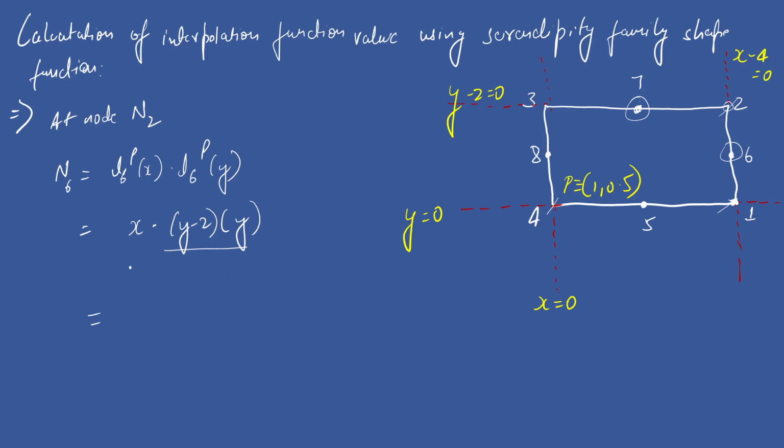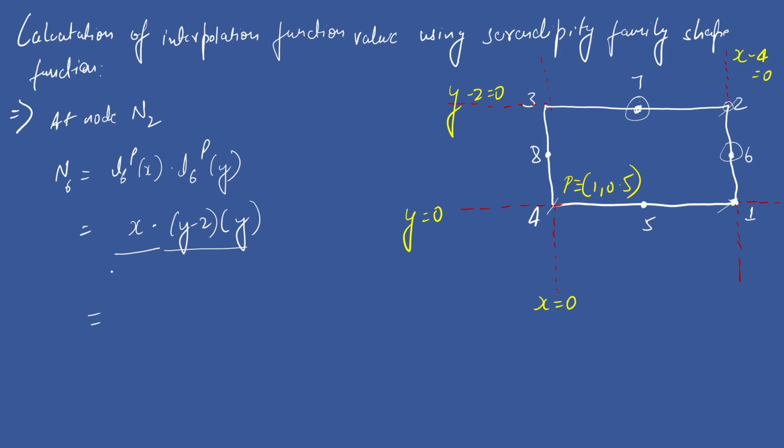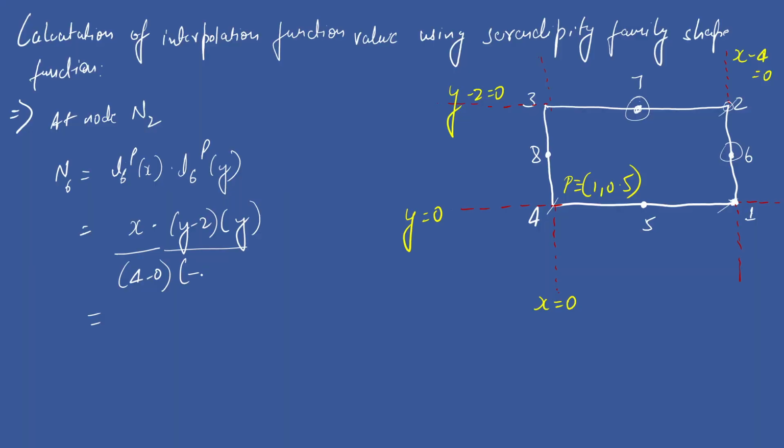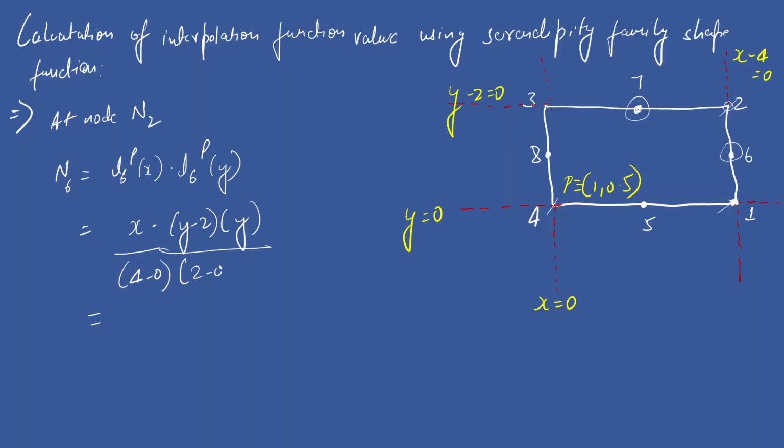So this is the thing. xi minus xj in this particular case, since you are evaluating at 6, it's basically 4 minus 0, then yi minus yj will be 1 minus 0.